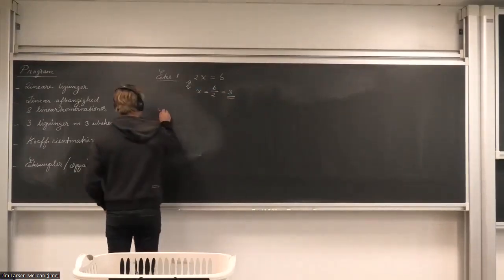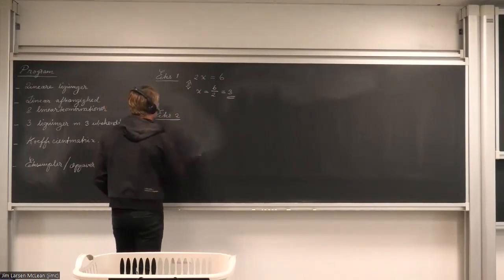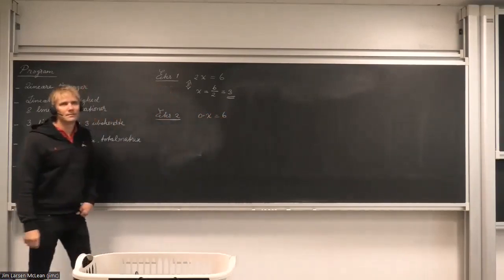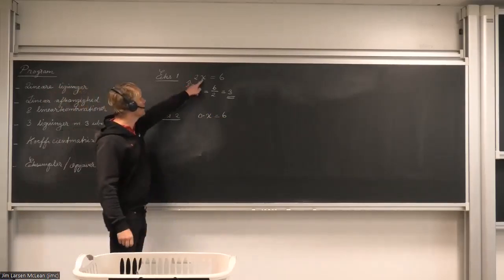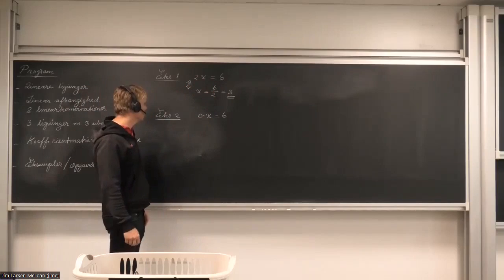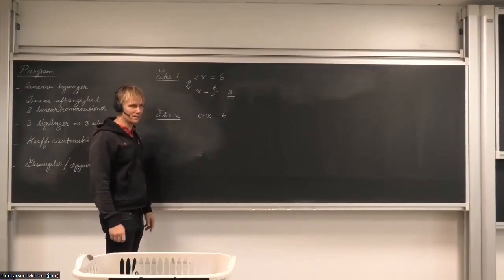So here comes example 2. What if it says 0 times x equals 6? Up here it says 2x equals 6, and the solution was x equals 3. Now we are trying to look at another equation, which is that 0x has to equal 6.